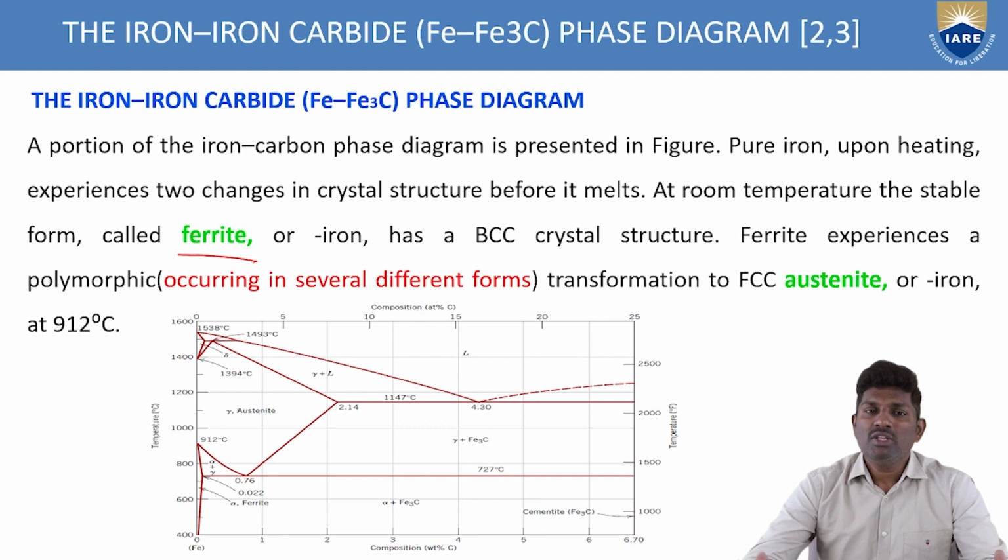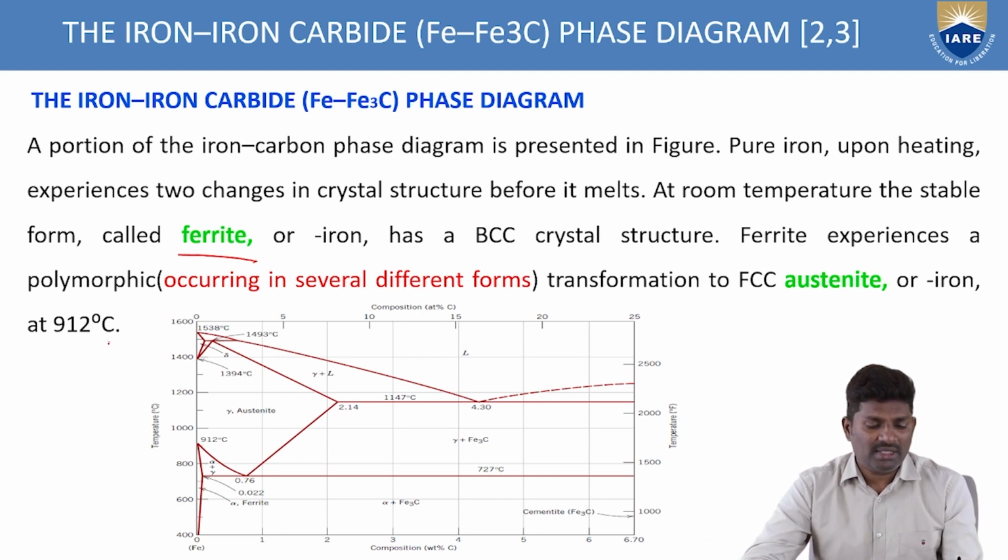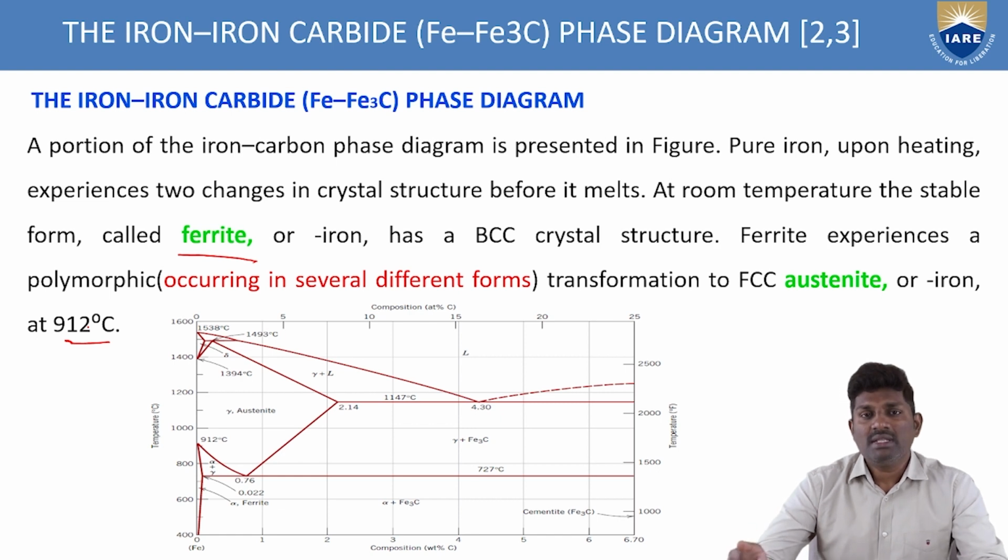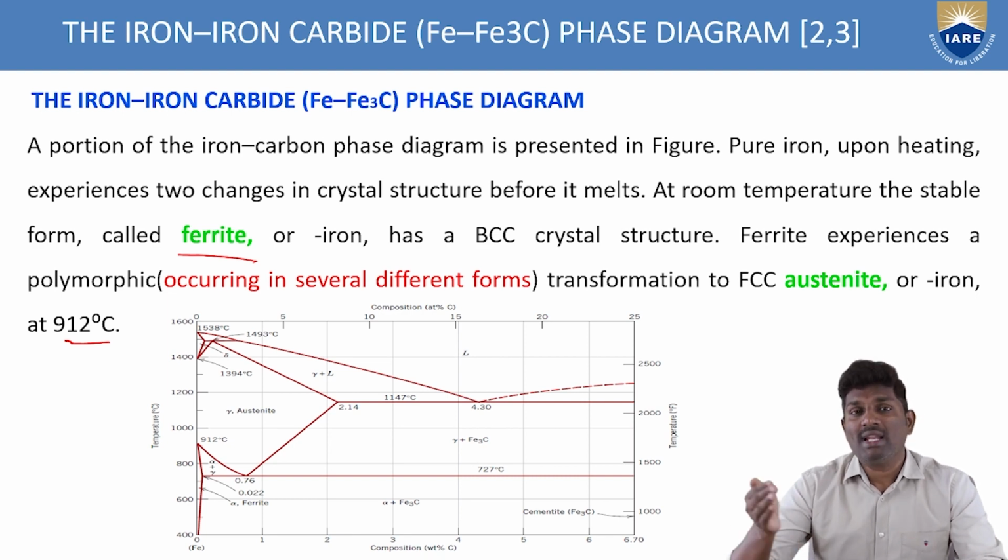Now this ferrite, if you heat it to 912 degrees centigrade, at this temperature the ferrite, which has a BCC crystal structure, slowly converts to an FCC crystal structure, that is the face centered cubic structure, and this phase is called austenite.